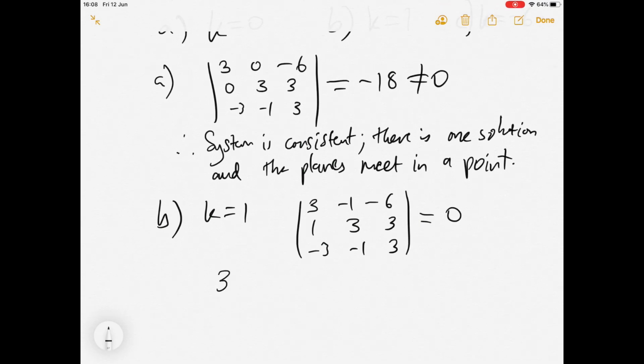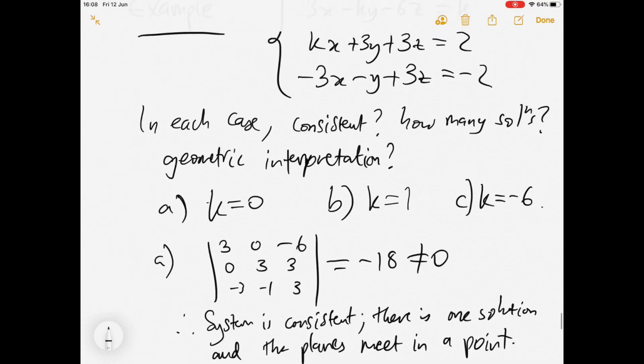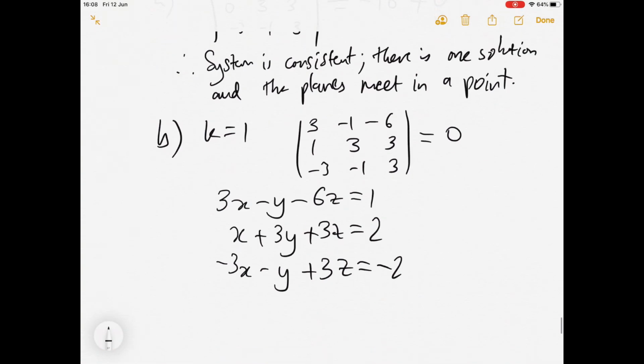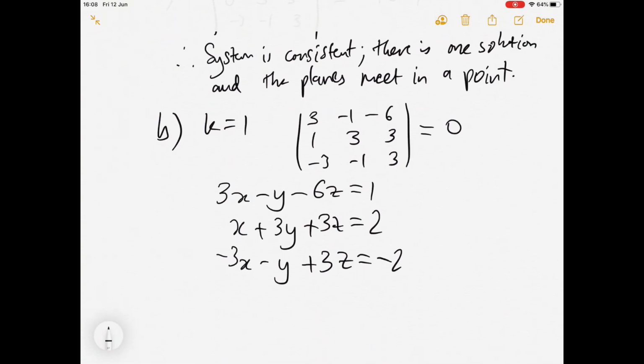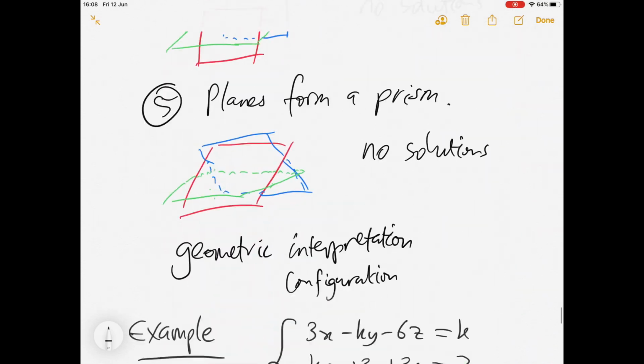So let's actually just write down the system of equations that we've got. So that's the system. What we want to do now is try and figure out which of these might apply.